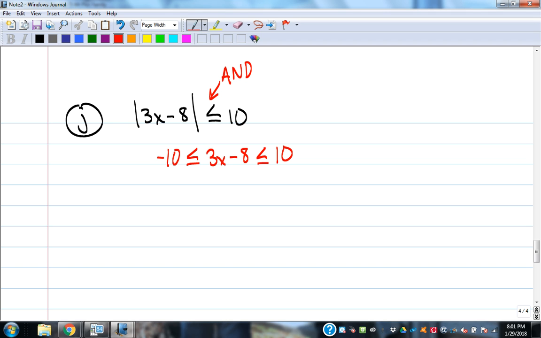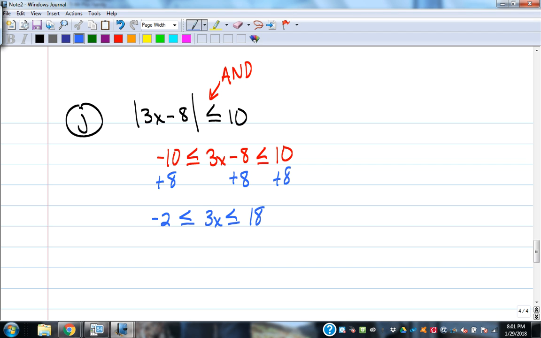Now, how do we get x by itself in the middle? Get the 8 out. So if I add 8 in the middle, I got to add 8 to the positive 10 on this end, but I also got to add 8 to the negative 10 on that end. So that's going to give me negative 2 is less than or equal to 3x is less than or equal to 18.